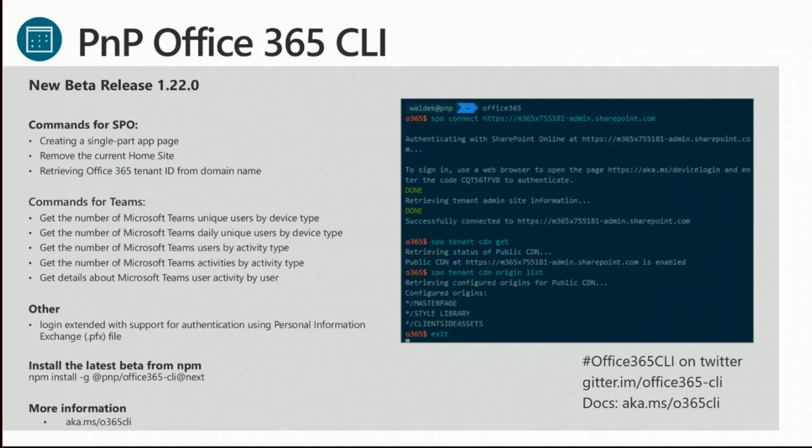It has a simplified login, so we can log into multiple services by just using Office 365 login and nothing else. And then we've added support for authentication with personal information exchange file, which is a high trust authentication that can be used as well.